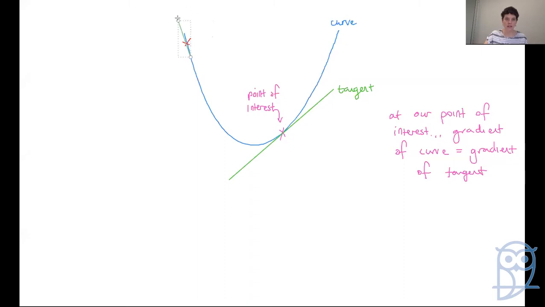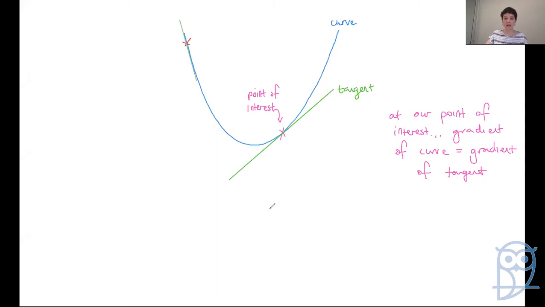I can rotate it. So you can see it's quite a different tangent to the other one that we're working with here. So for every single point on the curve where you want the gradient, you would need a tangent for that point. Once you have your tangent all lined up and you are ready to go, you can then calculate the gradient of your tangent.